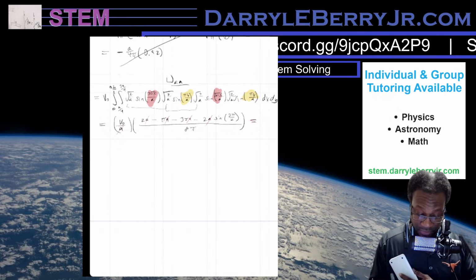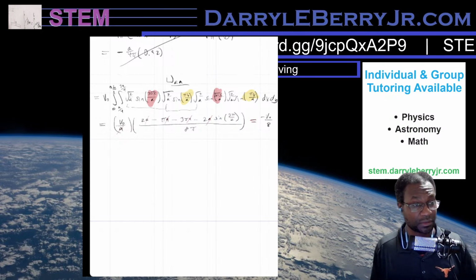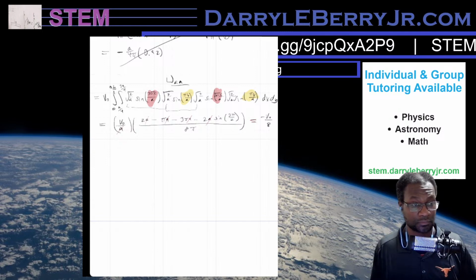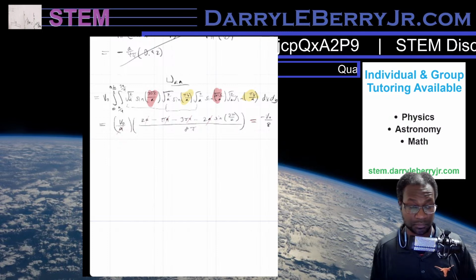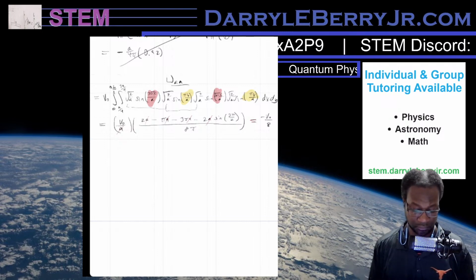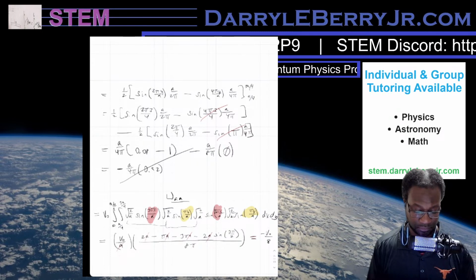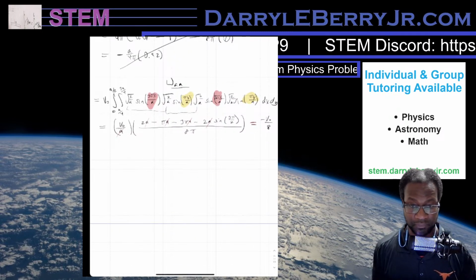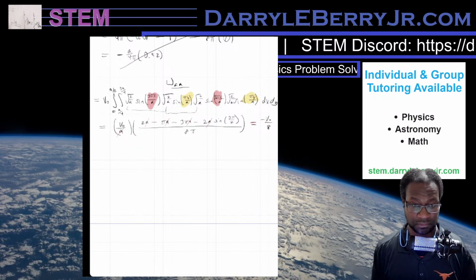So that equals negative v naught over 8. Let's check this. Seems like a valid number. I might have multiplied an extra 2 in there somewhere. I believe it's 3 pi over v over 4. But the process is correct.